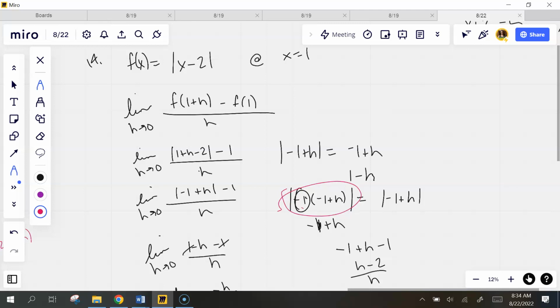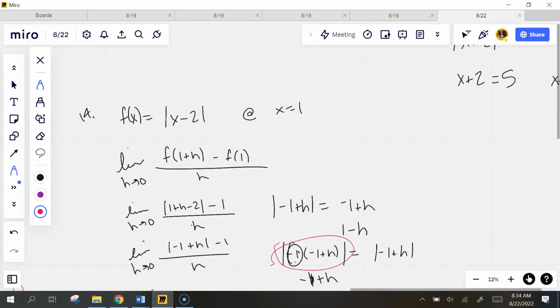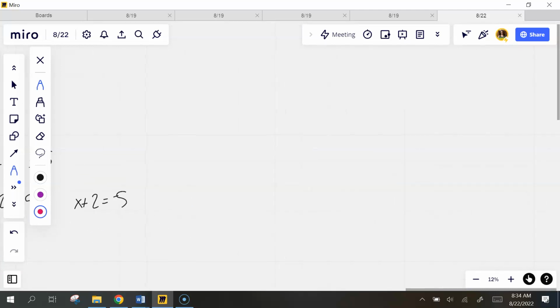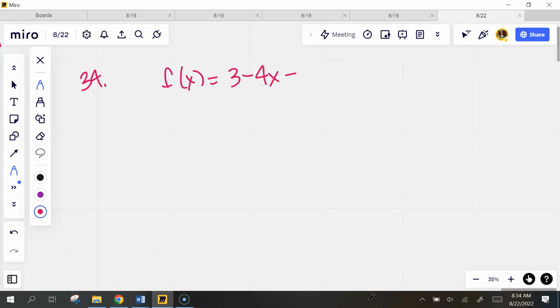34. I can't believe nobody's asked about 30. Okay, 34. Horizontal tangent. At what point is the tangent to f of x equals 3 minus 4x minus x squared horizontal?